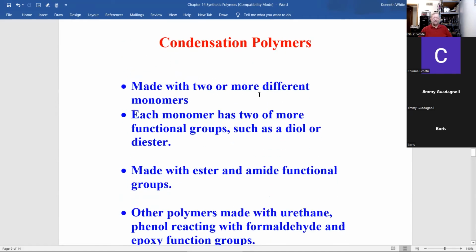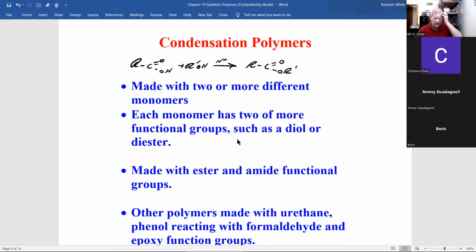Now, a condensation polymer is made when you bring 2 different functional groups together and you form a new functional group. Just like making an ester, I hope you know this reaction for Monday.